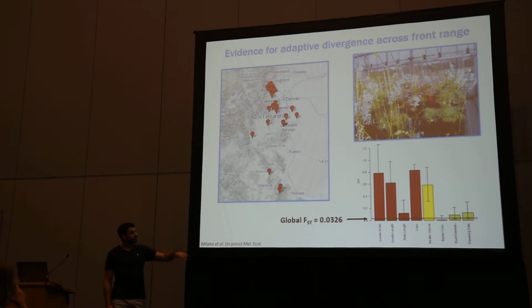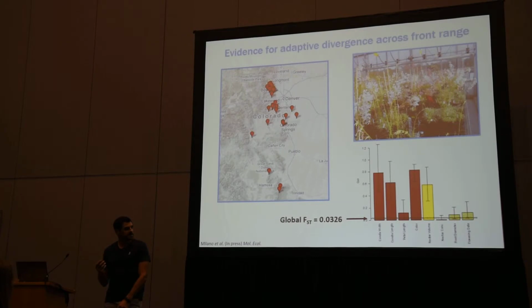Recent work, very recently accepted in Molecular Ecology, coming out of Tom's lab, carried out by a couple of former graduate students, looked at some ecological genetics across the Front Range. They measured a bunch of floral phenotypes across the Front Range and compared this to a set of neutrally evolving microsatellite loci.